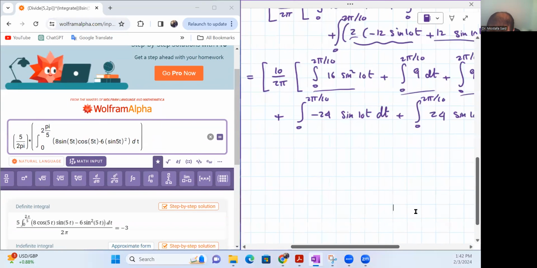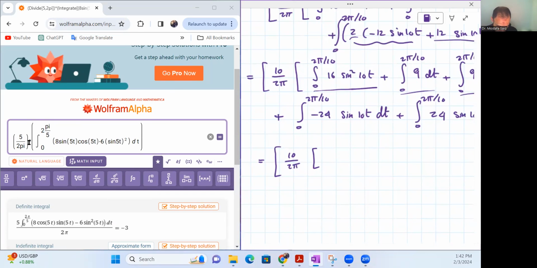So we have equal to 10 over 2 pi. Then the first term is that one here, 16 sine squared t from 0 to 2 pi over 10. Of course, this is like from the previous example.